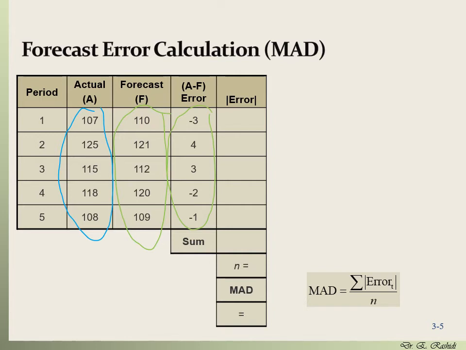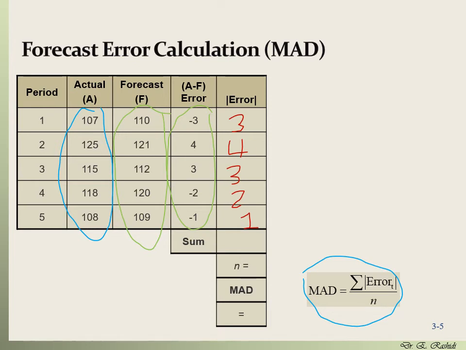To compute the MAD using this formula, we need to find the absolute error. So for the first period, the error is -3, so the absolute error is 3. For the second period, it is 4. For the third, 3. For the fourth, 2. For the fifth, 1.